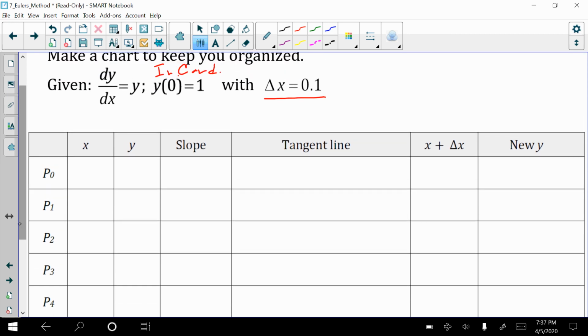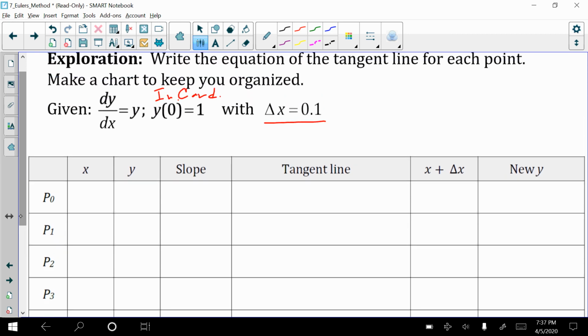Now, you can look at your equations similar to this, where we say y1 is going to be equal to, no, I don't want to write it this way. Give me 1 second, let me change that. We can write it as the derivative of y times delta x plus the initial y value, y naught.